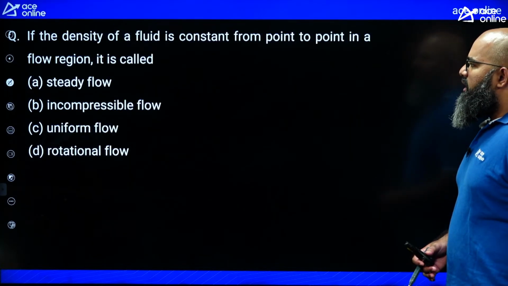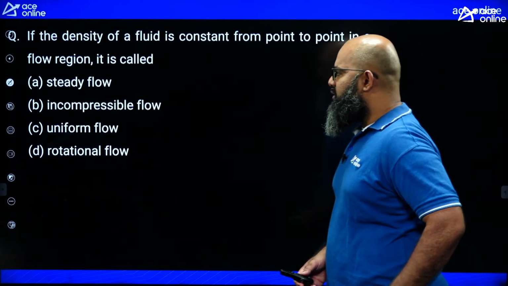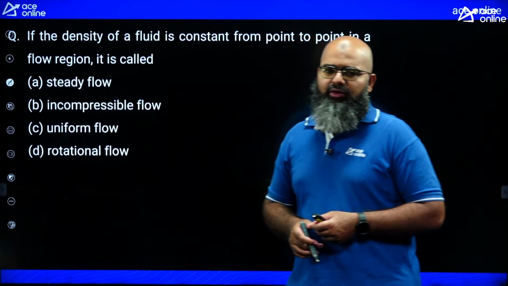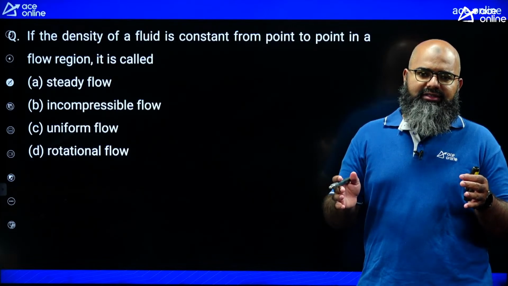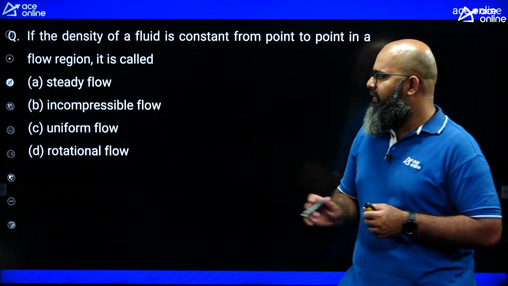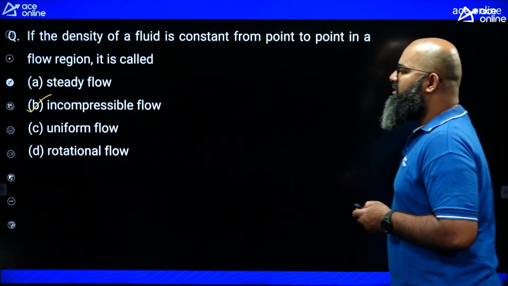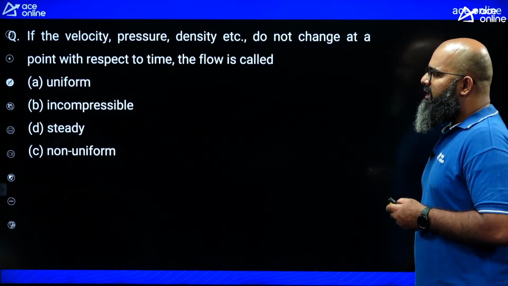Moving further, the density of a fluid is constant from point to point in a flow region, it is called as what flow? Density is constant. If density is constant, that means the fluid is not getting compressed at all, so we call it incompressible flow. Next thing.